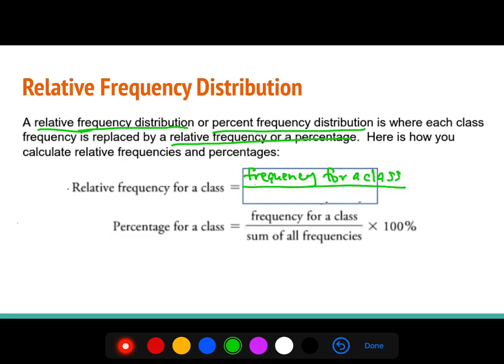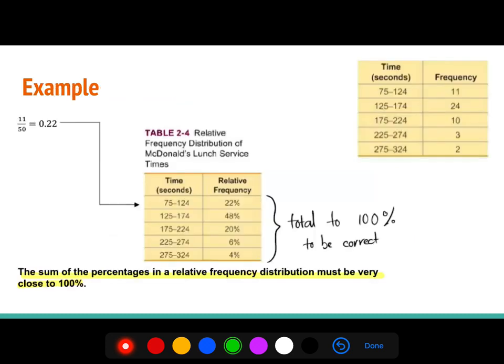Well, the relative frequency for a class is going to be your frequency, how many tally marks you had for the class, over the sum of all the frequencies. So that's like your total. And if you multiply that number by 100%, you'll get the percentage. And like I said, we're going to see some examples of these things. Numbers make it much better.